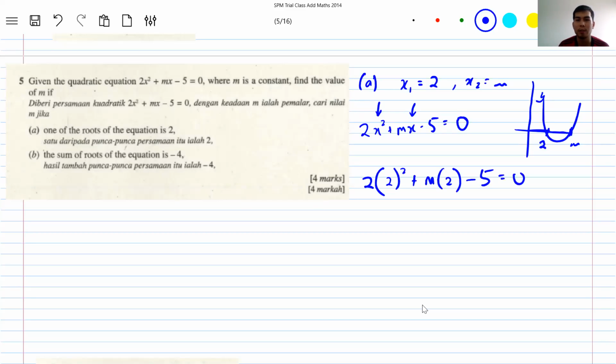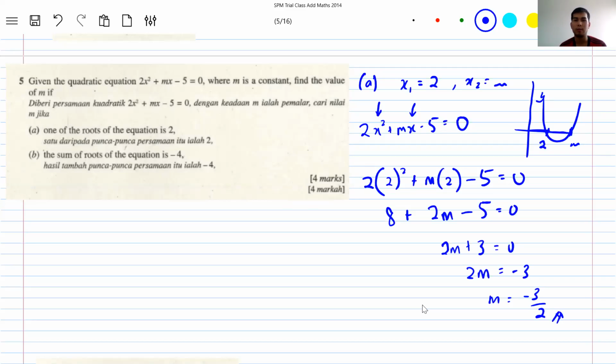Solve for this: 2 to the power 2 is 4, 4 times 2 is 8, 8 plus 2m minus 5 is equal to 0. 2m plus 3 is equal to 0, so m is equal to minus 3 over 2. Okay? All right.